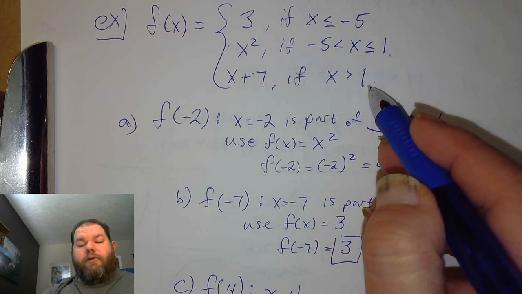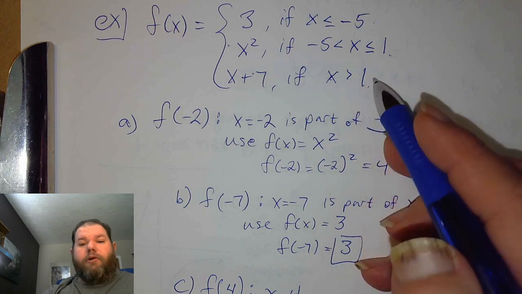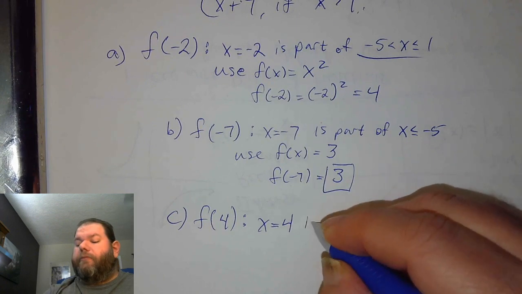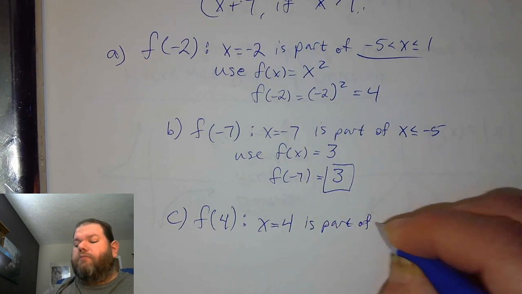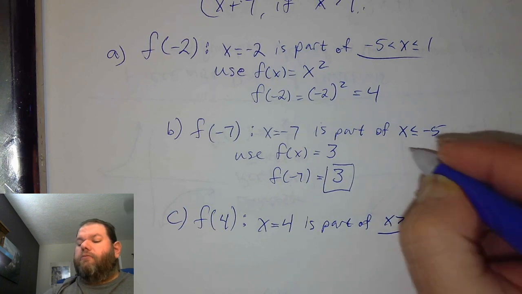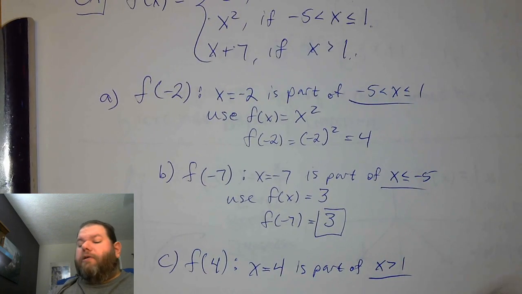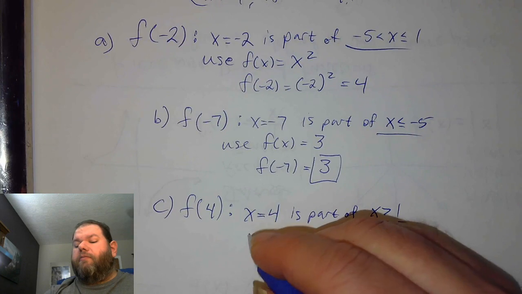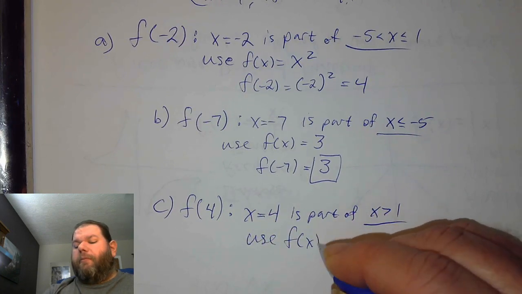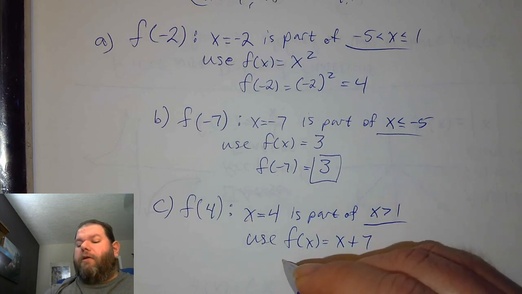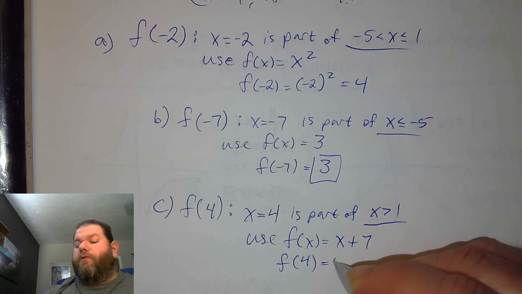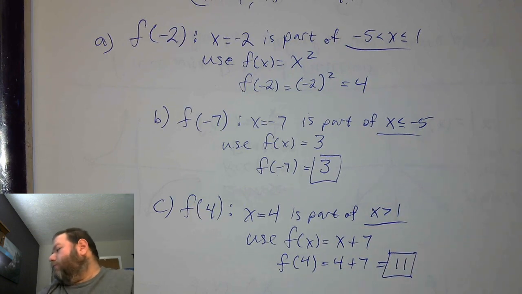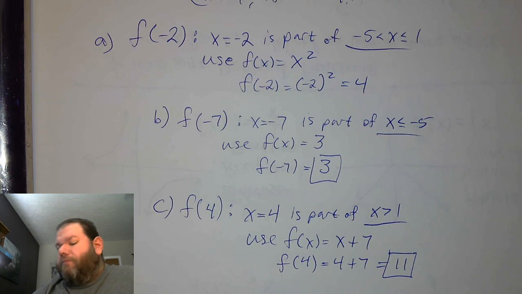Yeah, this is x is greater than 1. 4 is certainly part of that because 4 is bigger than 1. Okay. And because it's part of x is greater than 1, then we'll use f of x equals x plus 7. So f of 4 would be 4 plus 7, which gives us a value of 11. Okay.